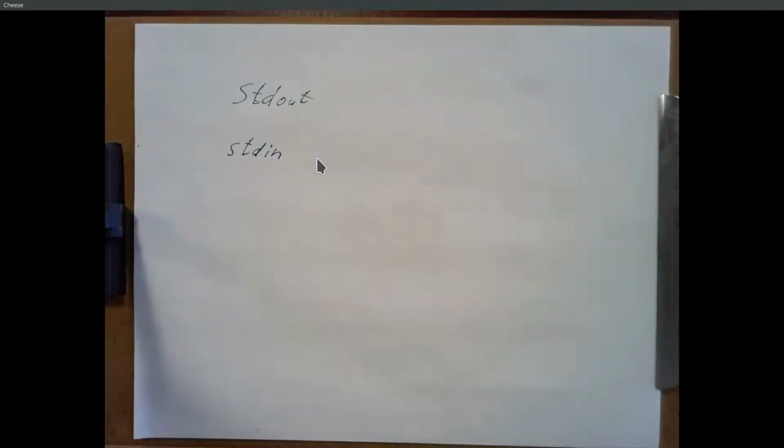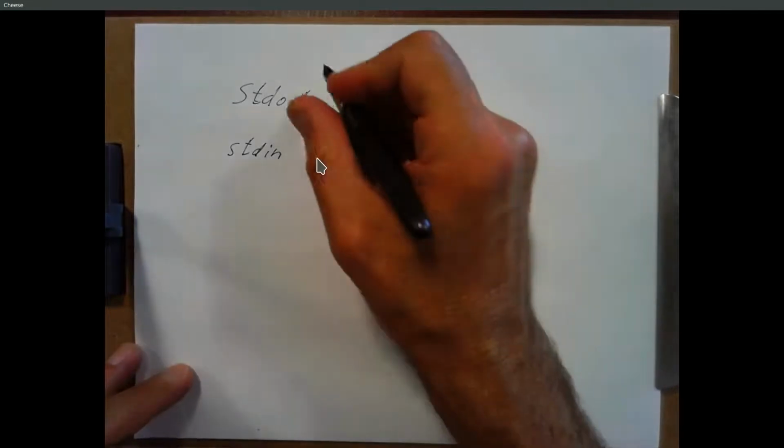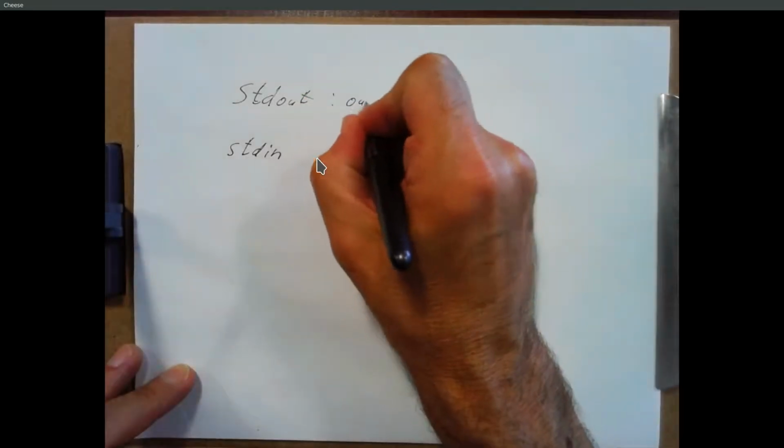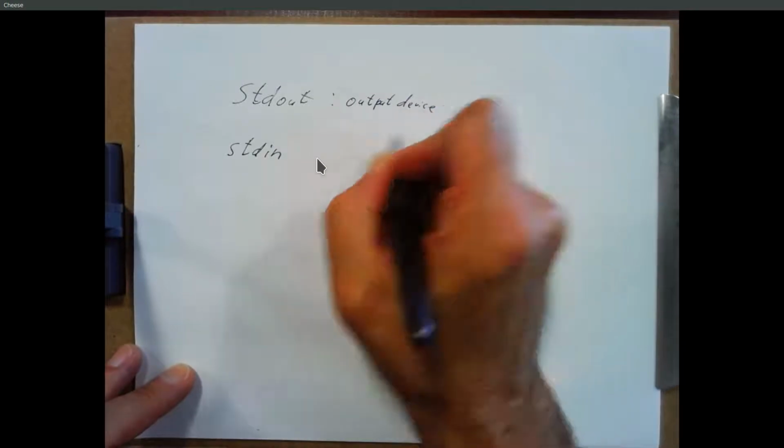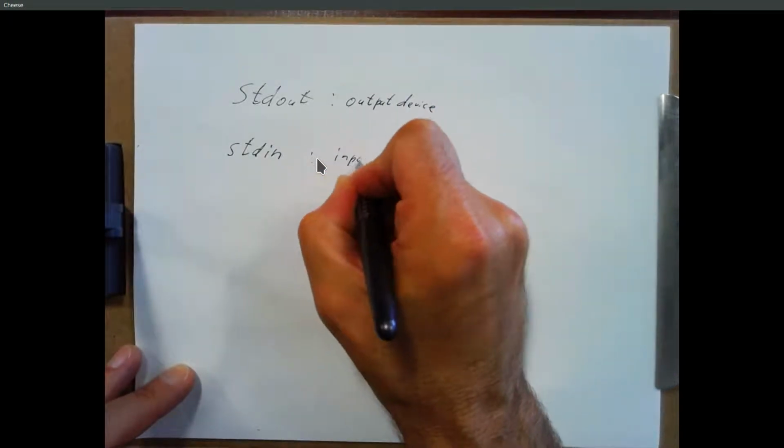So standard out is a fancy word for the display, effectively. And standard in is a fancy word for the keyboard. Right, so this is basically our output device. And this is basically our input device.